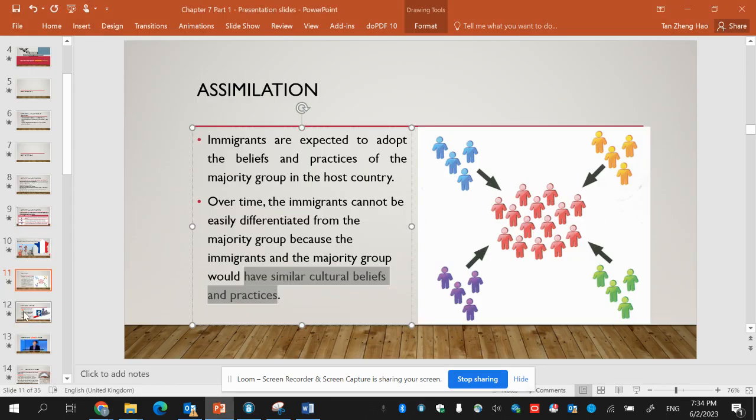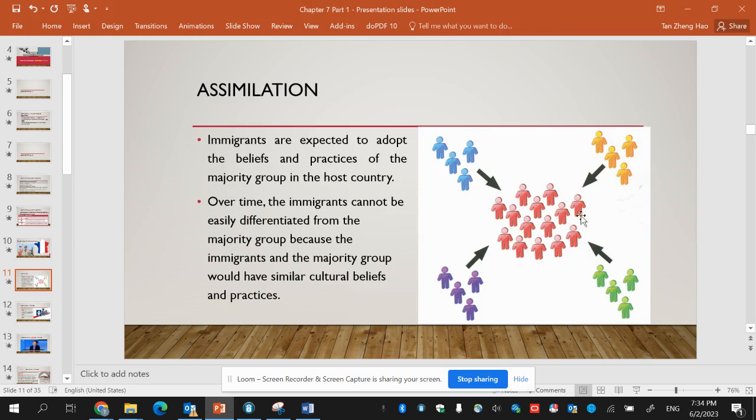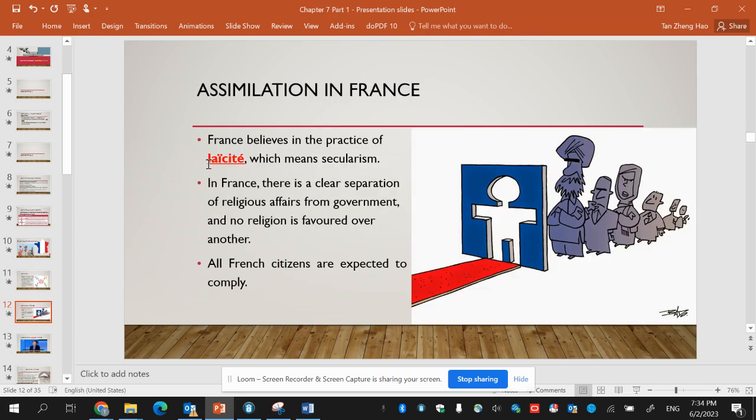So what does this red color look like in France? Just now I said in France, you must follow the cultural beliefs and practices of France. So what are the majority cultural beliefs and practices in France? The word you want to know is laïcité, or in other words, secularism.